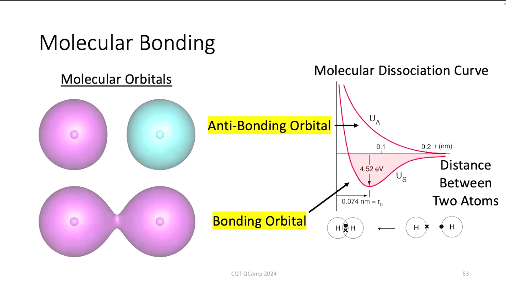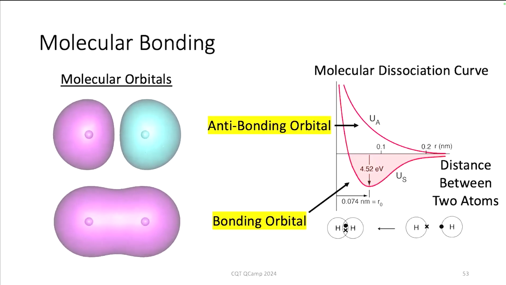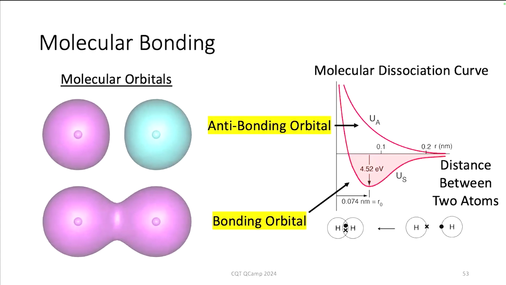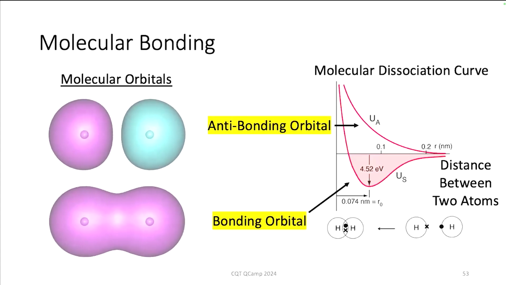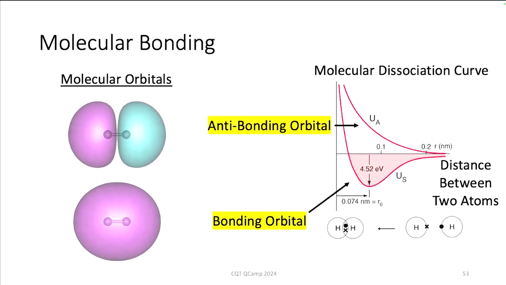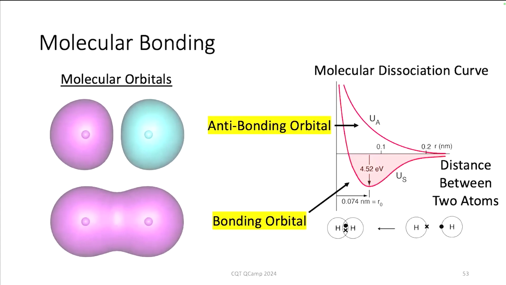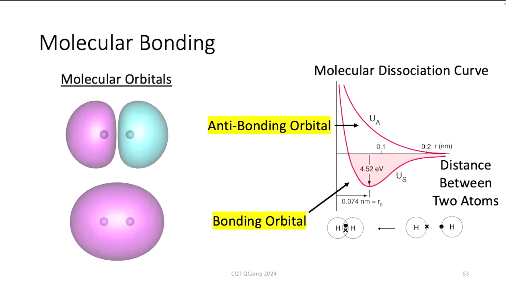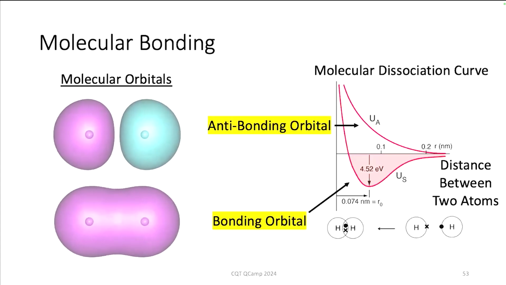So this is just two of the eigenstates. But in fact, there are more eigenstates, right? How to get all these eigenstates is by solving the time-independent Schrödinger equation of the molecule. Okay, and this next animation will show you all the different kinds of eigenstates that we can have for diatomic molecules.